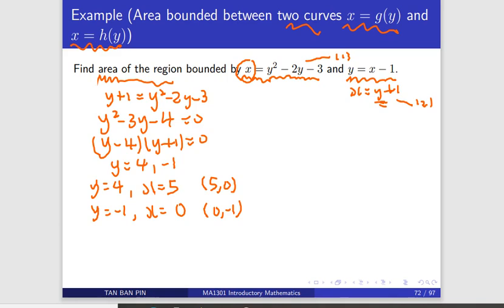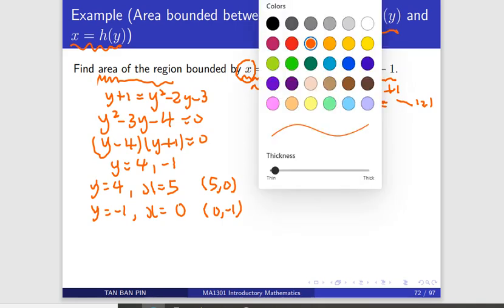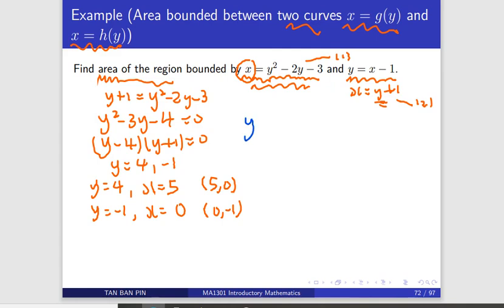Next is to sketch a graph of x equal to y squared minus 2y minus 3 and y equal to x minus 1. You can look at y equal to x squared minus 2x minus 3.